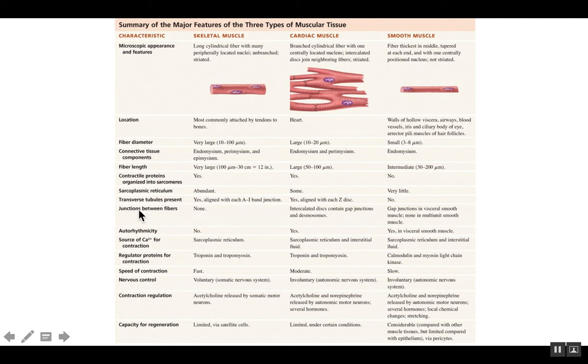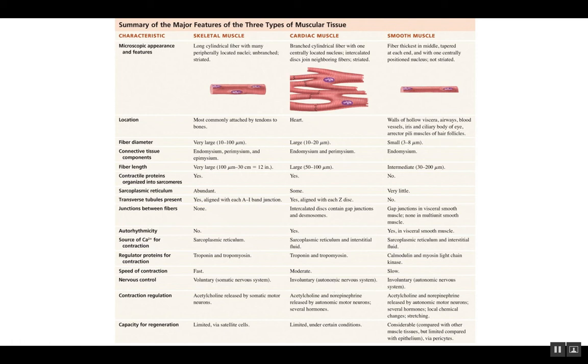But if you look further down, I would just want to point out nervous control. Notice that skeletal muscle is voluntary. It's controlled by the part of the nervous system called the somatic nervous system. Cardiac muscle is involuntary, and smooth muscle is involuntary, controlled by a system called the autonomic nervous system.